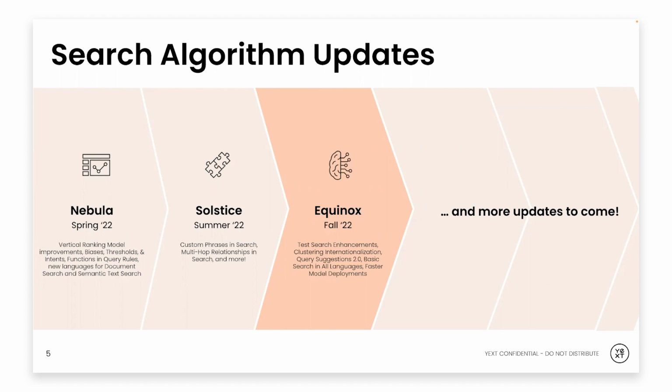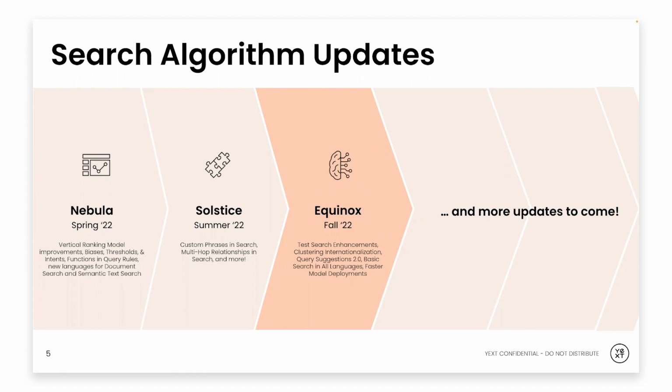We added serverless functions and query rules, and we added more languages for document search and semantic text search. Then last summer in the Solstice algorithm update, we added custom phrases in search, as well as the ability to search across relationships in the knowledge graph.